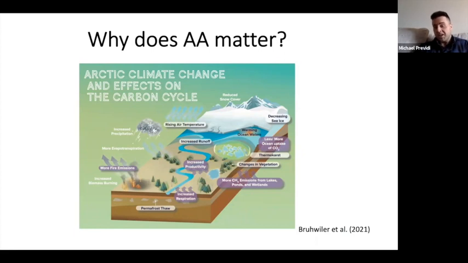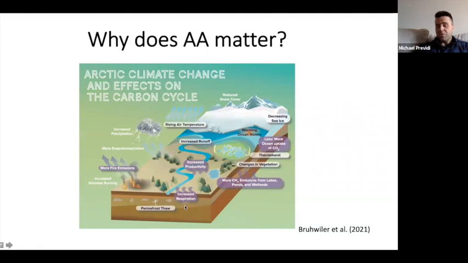So there will be a greening of the Arctic. And in and of itself, that would act to draw down CO2 from the atmosphere, because when we increase the biomass over land, plants accumulate carbon, so we draw down CO2. But that's only one part of what's going on here.